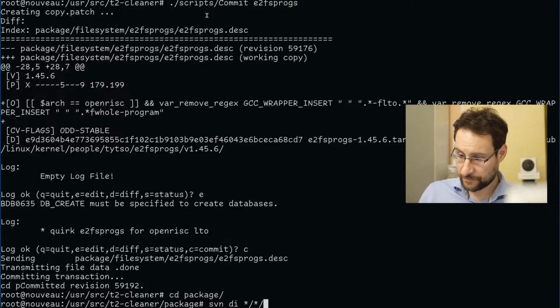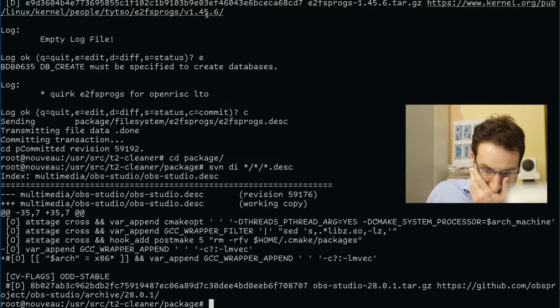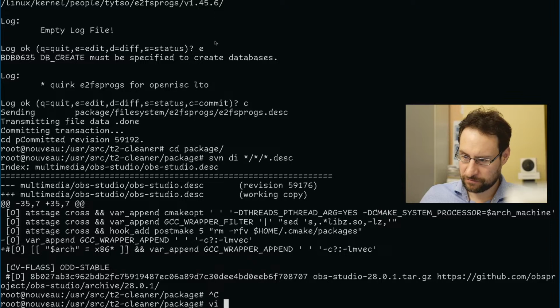So I guess we have then no changes. Oh no, we still have, what was it? Oh, OBS Studio, shit. We should kinda not really need that anyway.